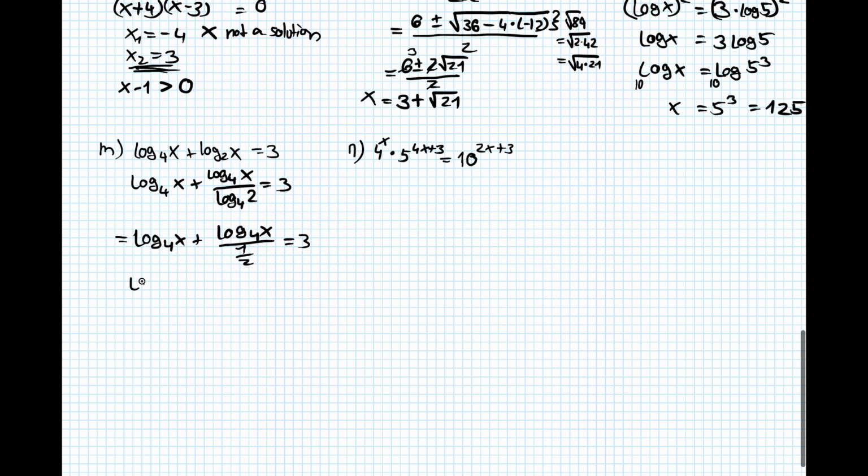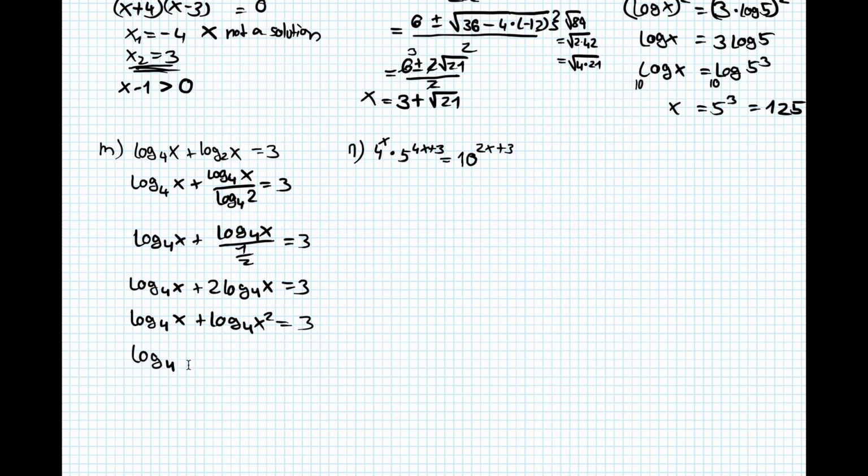So log base 4 of x plus 2 log 4 of x equals to 3, which means that log 4 of x plus log 4 of x squared is equal to 3. Now we can combine these two.